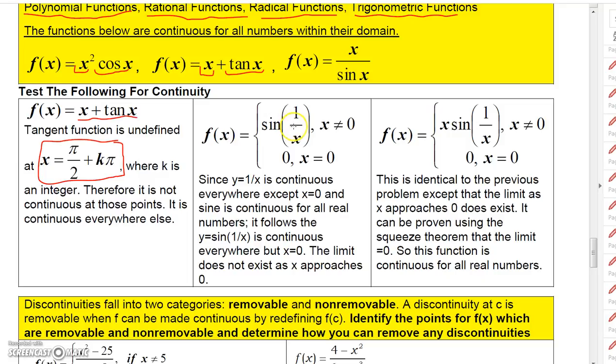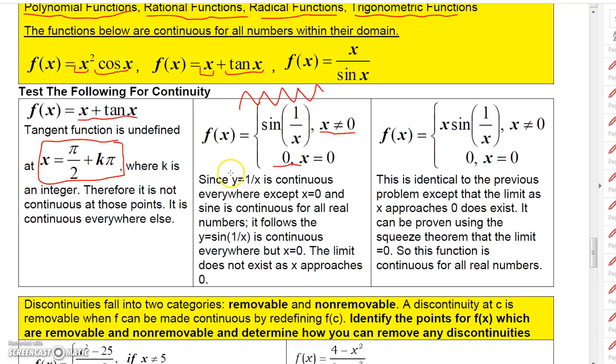This function, sine of 1 over x, remember, is the one that oscillates, goes up and down. We're going to say it equals this if x doesn't equal 0, and it's going to equal 0 otherwise.